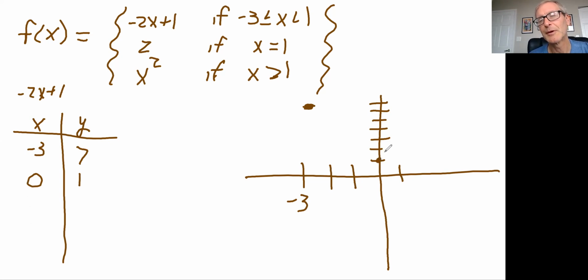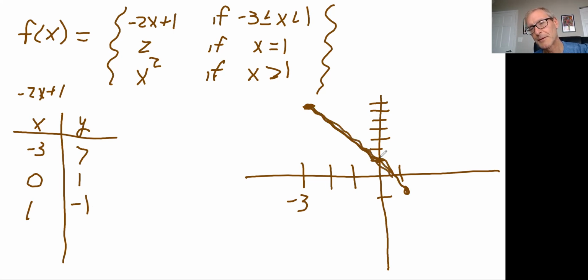So remember, we're going to come down with a negative slope. That's not a very straight line, but you get it. And what happens at x equals 1? When you plug x equals 1 in, you get -1, because -2 plus 1 is -1. Coming down this way, this should be a nicer, straighter line.